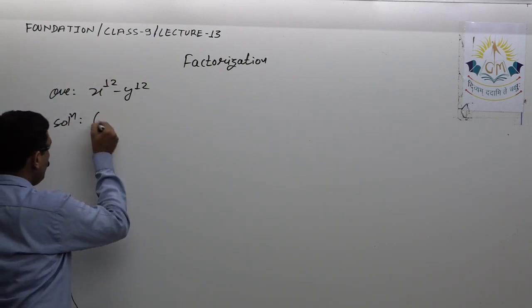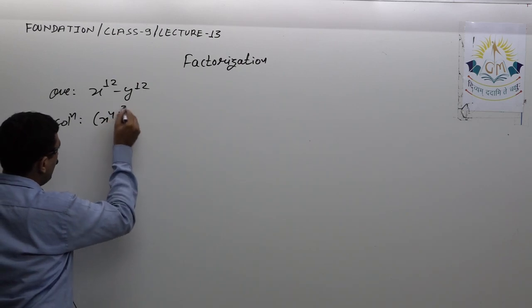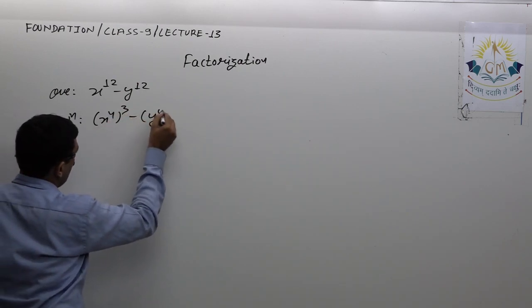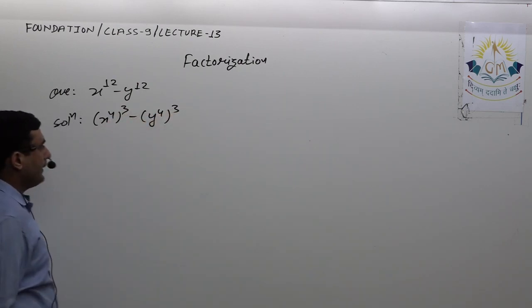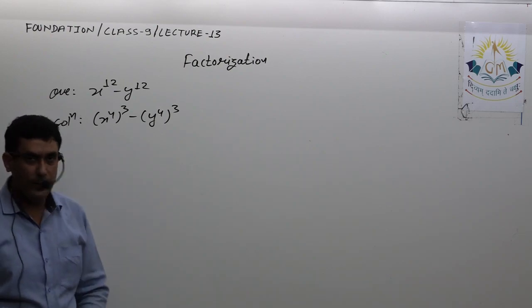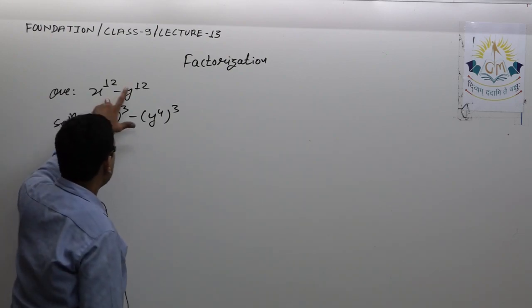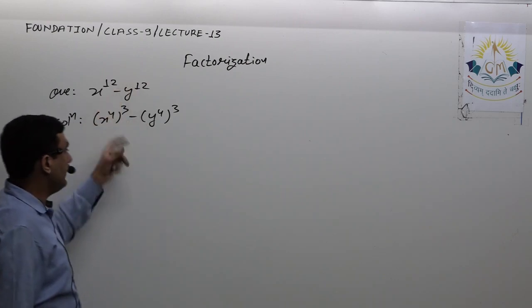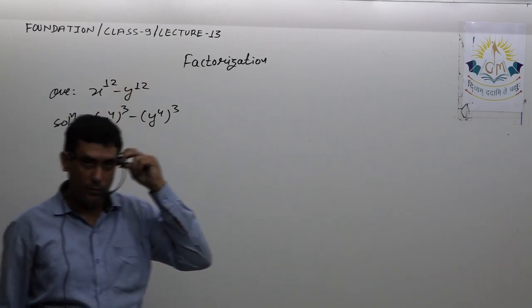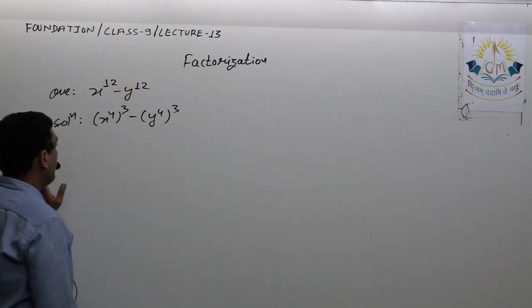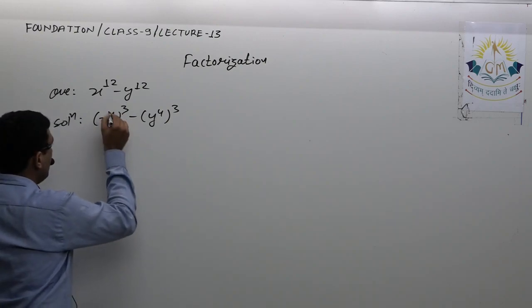So either I can write in this way. Okay, so I can apply the identity of a cube minus b cube, or if I write 6 and then I apply the power 2, then again I have to apply the identity of cube.